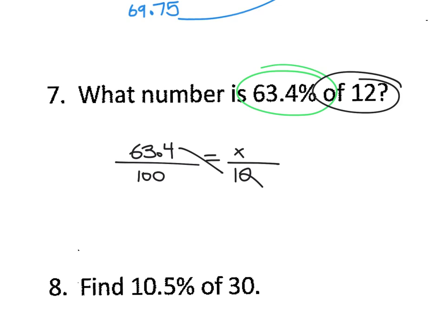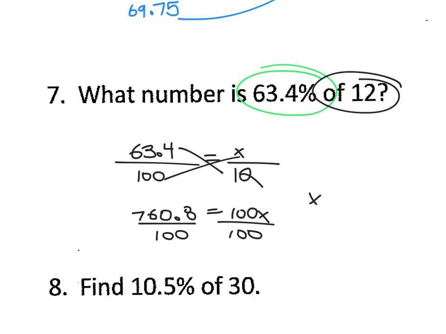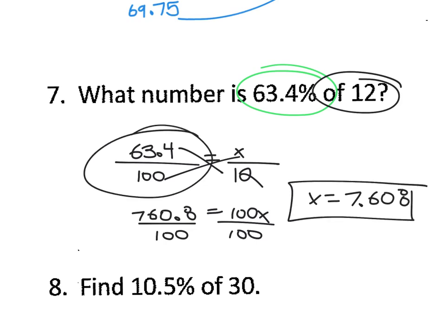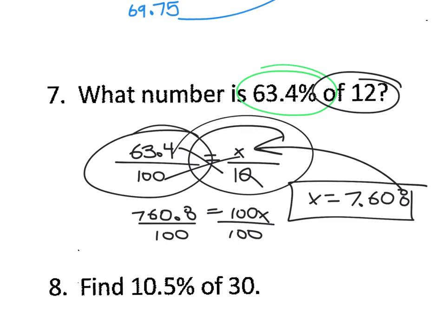So 63.4 times 12. 100 times x. Divide by 100. And our answer, 7.608. So that means that 63.4 out of 100 is the same fraction as 7.608 out of 12.